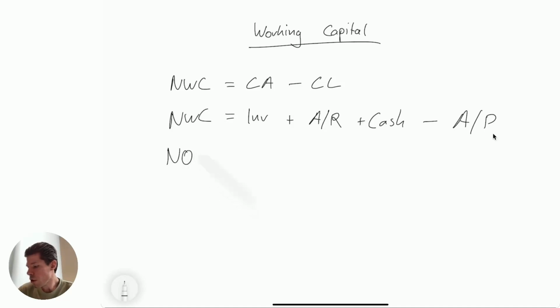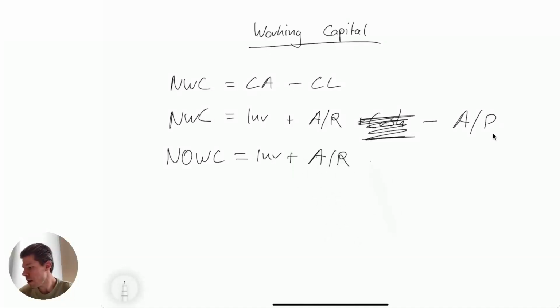When we talk about net operating working capital, we would exclude the cash position. We would look at inventory plus accounts receivables minus accounts payable. The reason, when we talk about valuation purposes in particular and when looking at a distressed company, is that I don't see why the cash under your current assets is tied up in your company. It's not tied up somewhere.